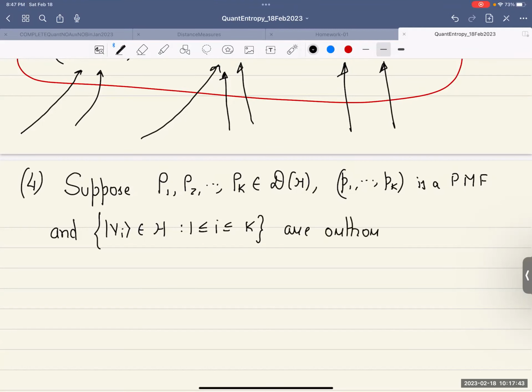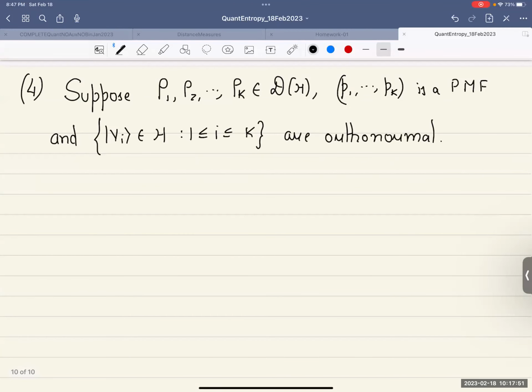So I have a bunch of density operators, a distribution with which I can mix them, and a bunch of orthonormal states. Then it's a trivial restatement of the previous lemma.